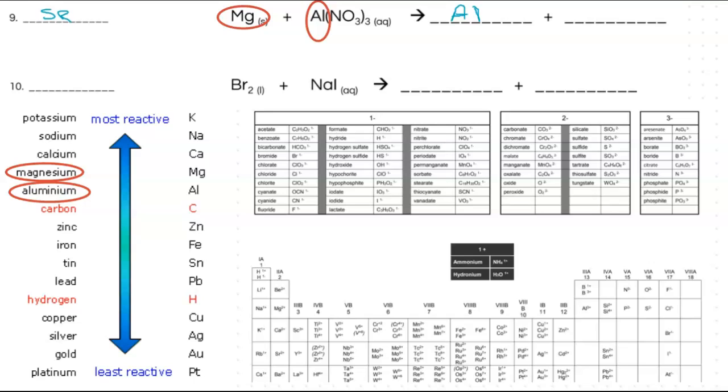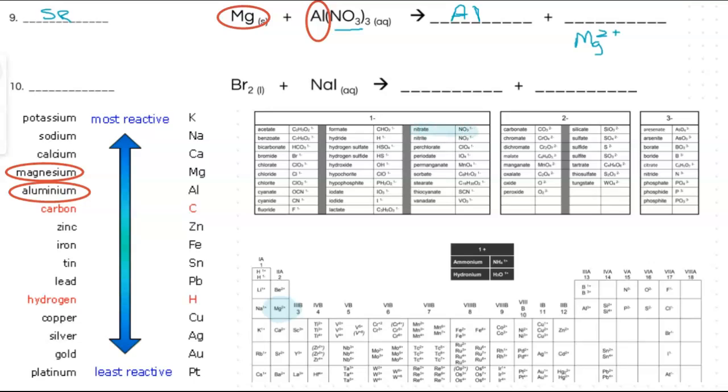And then I've got to write my compound formula. So magnesium, when I check down below, is a 2+ charge right here. So magnesium gets the 2 charge. And then I look for nitrate. Nitrate is NO3. Nitrate is located in my -1 box. He's located right here.